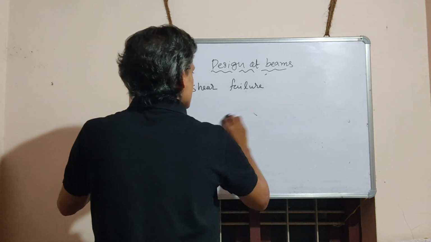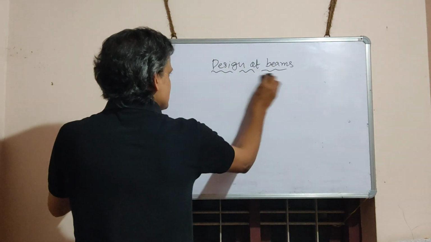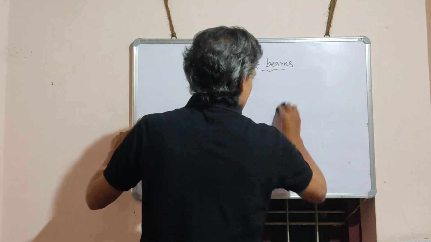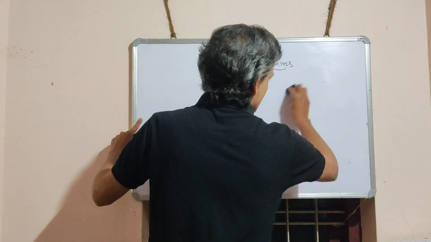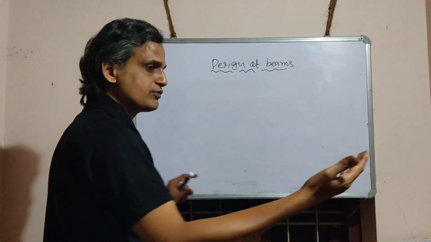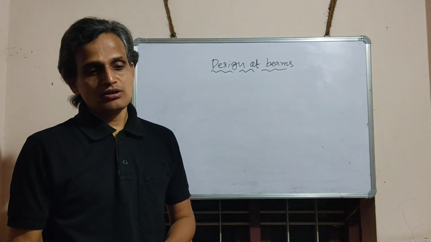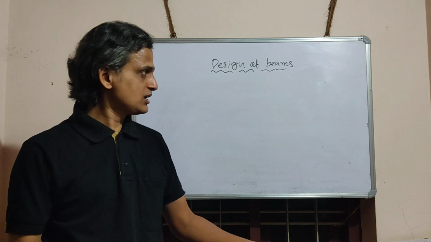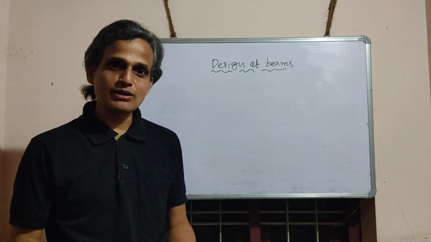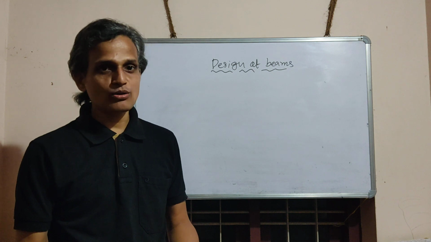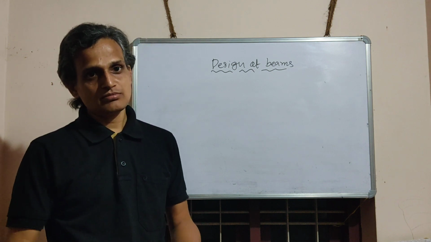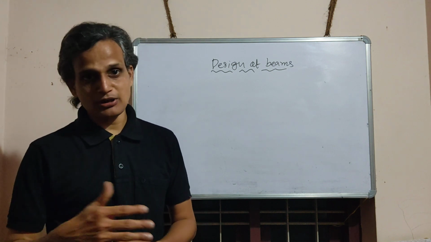In some question papers, this permissible value is often asked. What is the permissible value for shear in steel beams? You can easily say it is fyw divided by root 3 and gamma m0. Obviously, gamma m0 will be there.